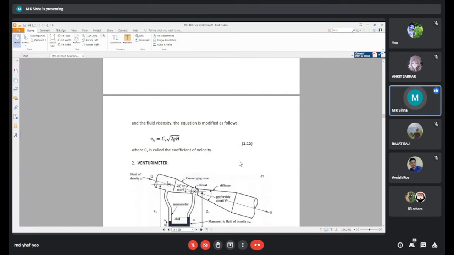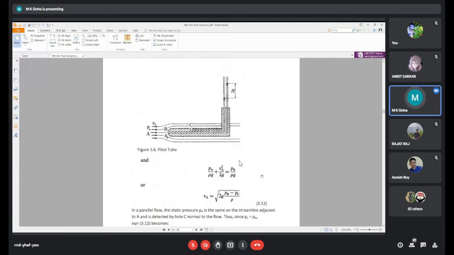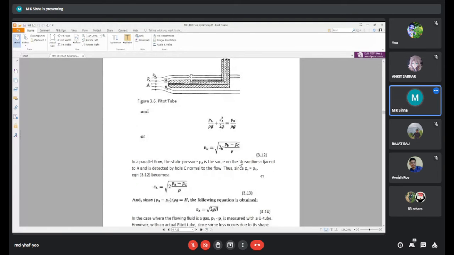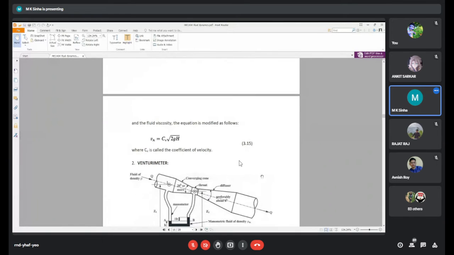The actual velocity is lower than the root under 2gh measured by the pitot tube, so that is why it is multiplied by the coefficient of velocity. And this pitot tube is also available in our lab in a model form.